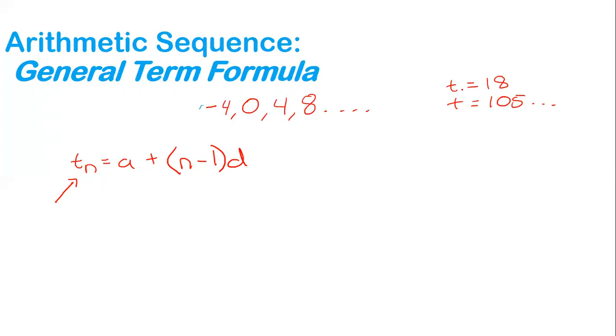So here, if we wanted the 18th term, n would be 18. Likewise, with 105, n would be 105. a is the first term in our sequence. n, again, is the term we're looking for. And d is our common difference.